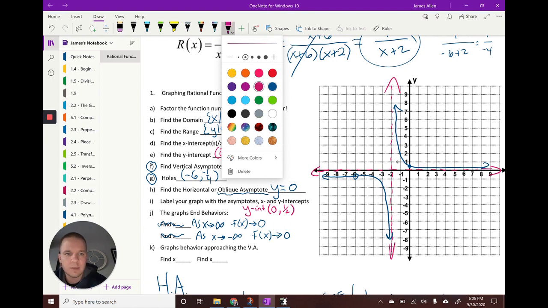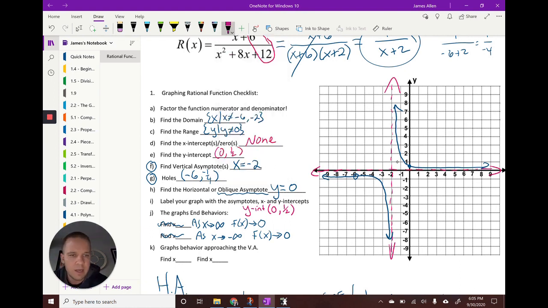How about, I'll go with this color here. We'll say that really close on this side would be, how about -1.9? And really close on this side would be something like -2.1, right? And then we can get closer and closer and closer.